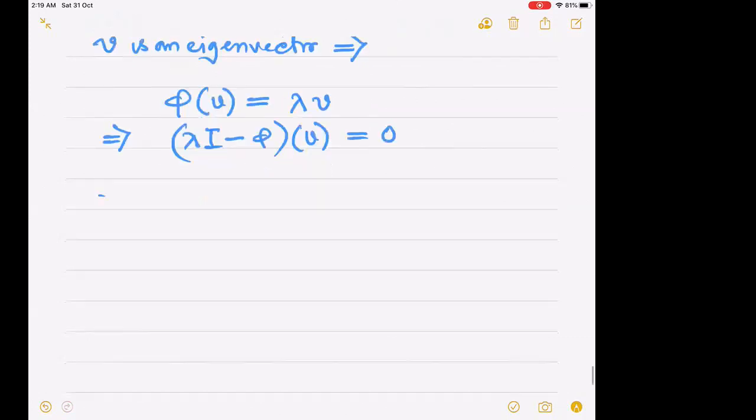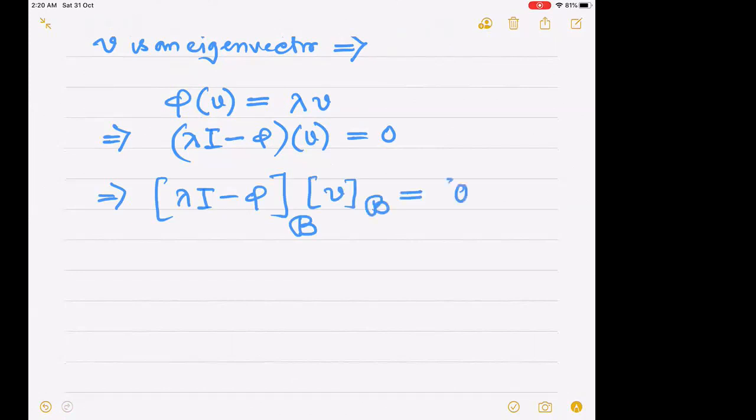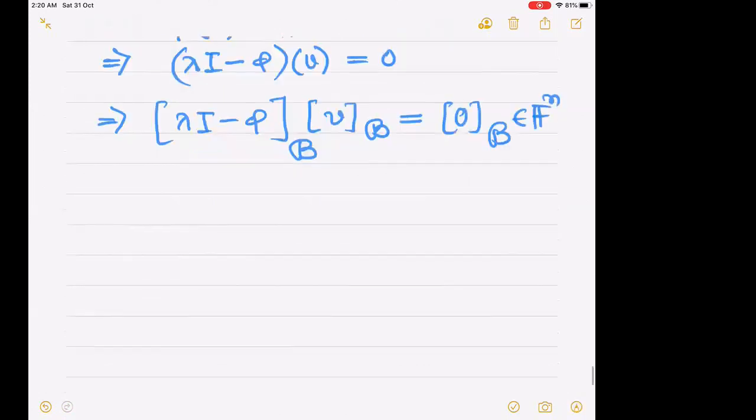However, this also means that lambda I minus phi, this operator's representation under B, when it acts on the representation of the vector v under that basis, must produce 0 in that basis, which is the 0 vector of F to the n. So this is the same as saying lambda I minus the matrix A times v_B is equal to 0. In fact, all these are if and only if.